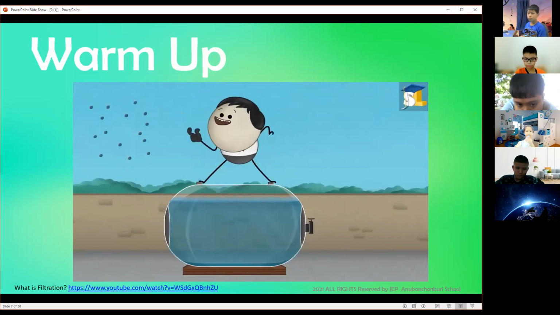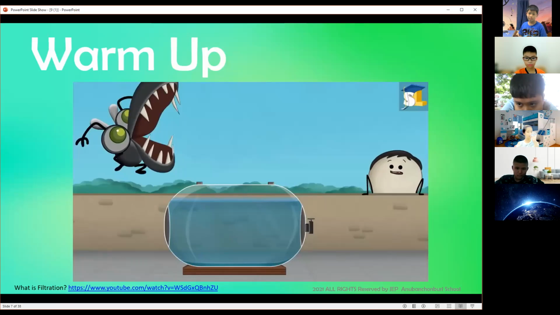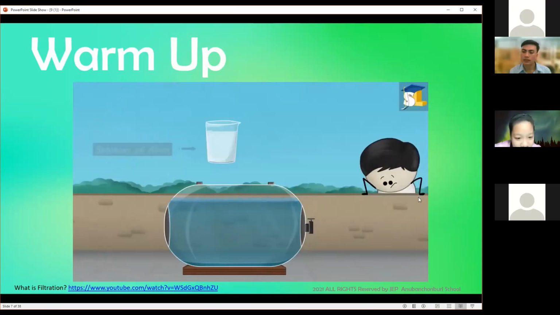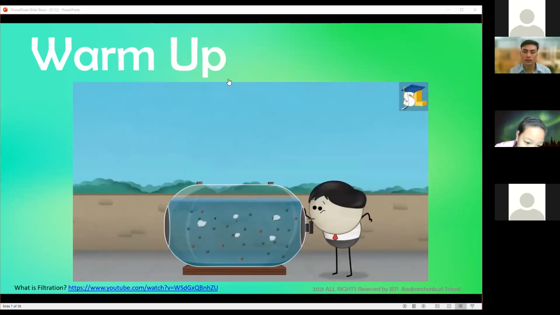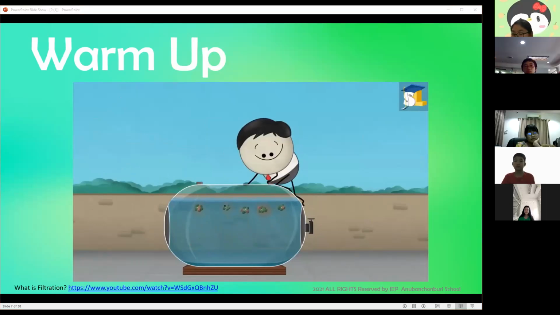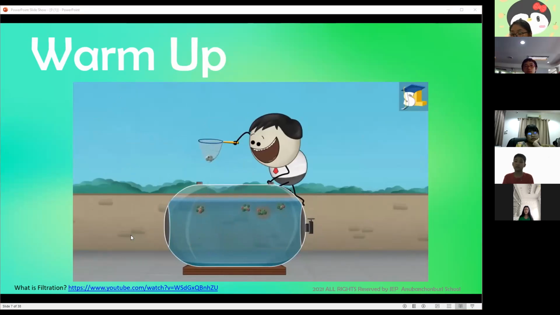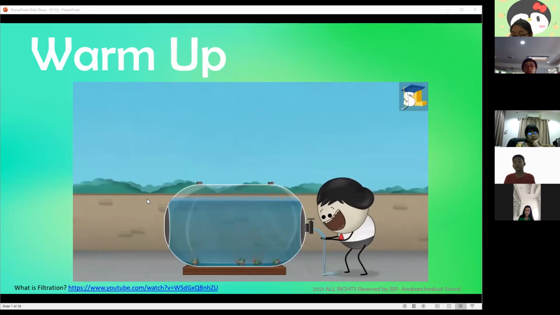Because it will attract all small insects and make a large insect. Oh, you're just unbelievable. When a solution of alum is added to impure water, it attracts and binds with contaminants and fine suspended particles of mud, dirt, etc. to form large particles. Being large, these particles can be removed by filtration, or when they settle down due to gravity, they can be removed through decantation, giving us pure water.